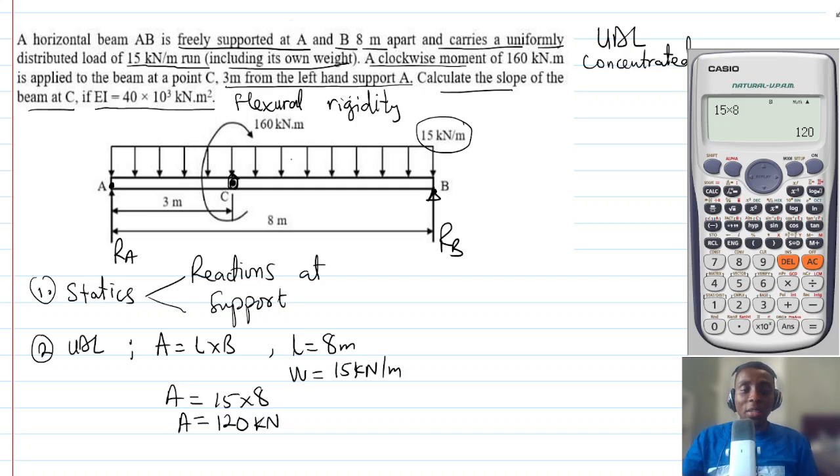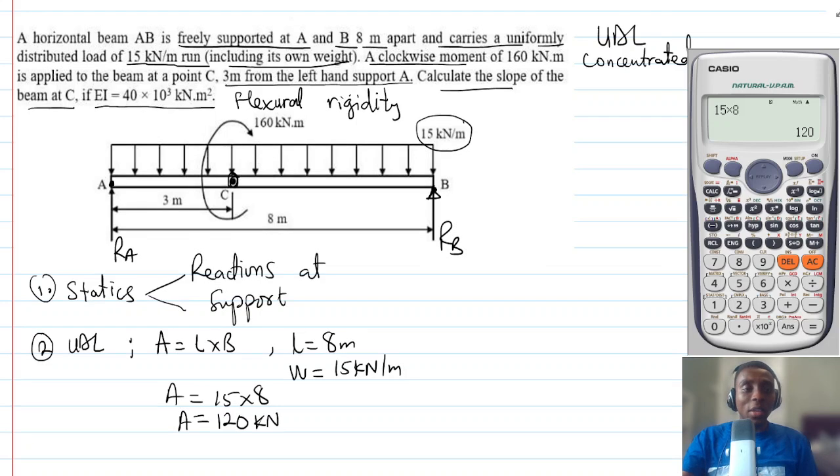In terms of the deflection of beams, this is the single load, and it will act at the center. So that load is 120 kilonewton acting at the center, which means halfway is 4, and the rest will also be 4. So this is the first thing that you have to do.